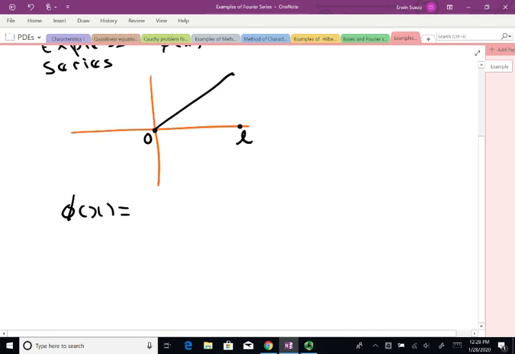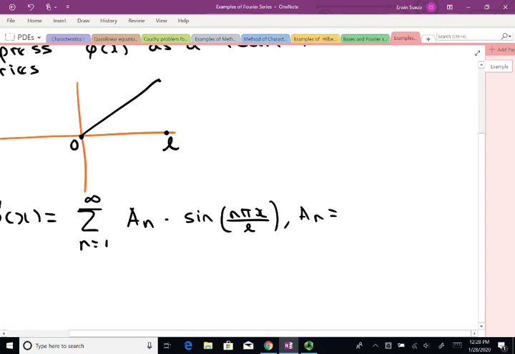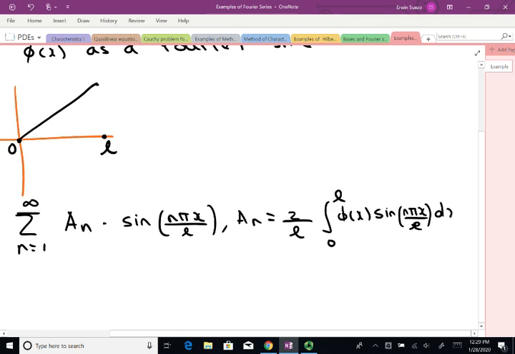Phi of x equals the sum from n equals 1 to infinity of a sub n times sine of n pi x over L. And a sub n we already defined: 2 over L, the integral between 0 and L of phi of x, or whatever function I have, times sine n pi x over L dx.